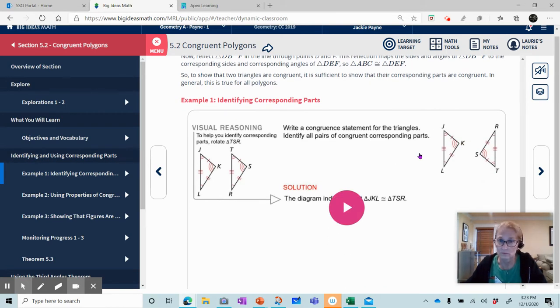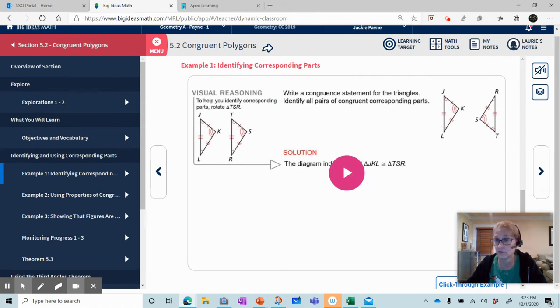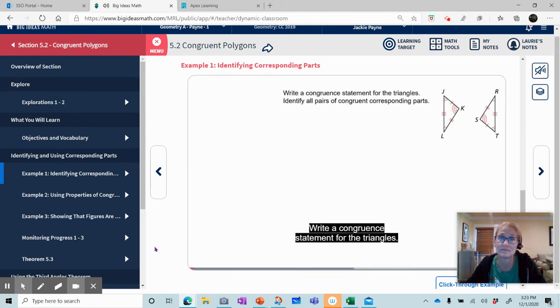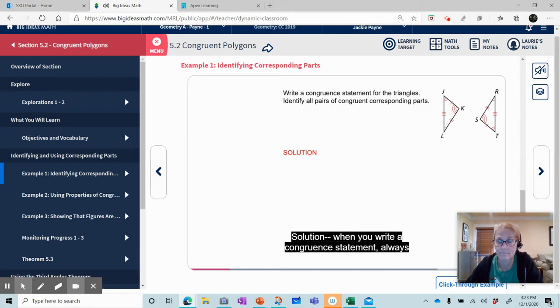So here's an example of the first type of problem where you're just identifying the parts. Again, watch how it's rotated. Write a congruent statement for the triangles. Identify all pairs of congruent corresponding parts. Solution. When you write a congruent statement, always list the corresponding vertices in the same order.